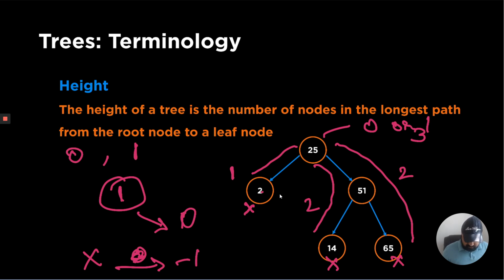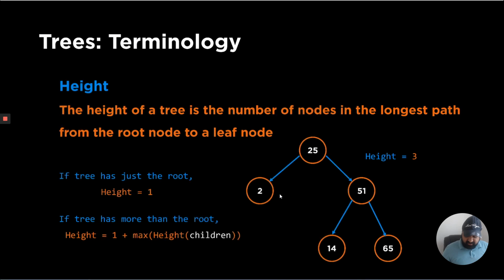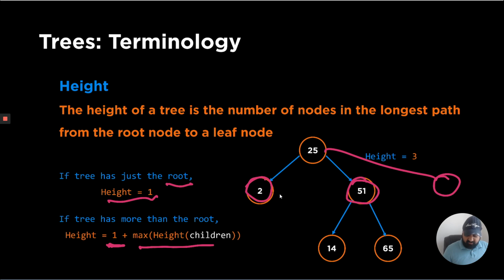Now again, the height can be calculated by a neat recursive formula: if the tree has just the root, then the height is 1. Otherwise, it is 1 plus the maximum of the heights of its subtrees. Each of these children are basically subtrees, and there might be more than this.